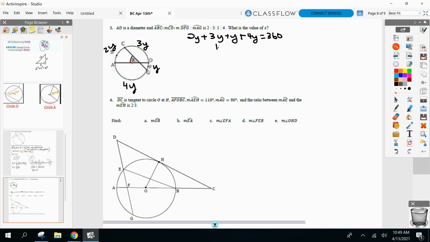So I get 10y equals 360. The value of y is 36. Plug it back in and we can find all the arc measures. 2y would be 72 degrees. 3y would be 108. And 4y would be 144.